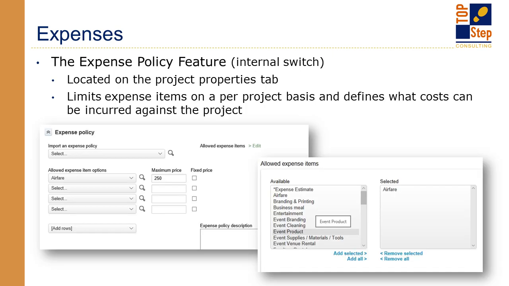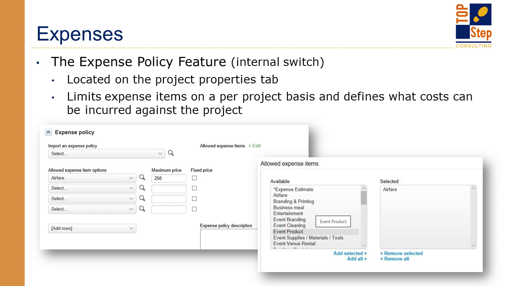So there is an expense policy feature, which is an internal switch. And when it is enabled, users will not be able to select an expense item on a per project basis. So if a policy has been put in place at the project level, restricting an expense type or capping a dollar amount, that can be defined at the Properties tab of each project.